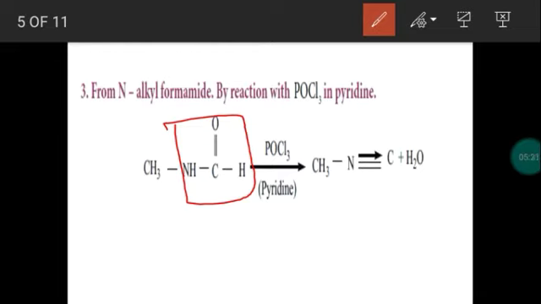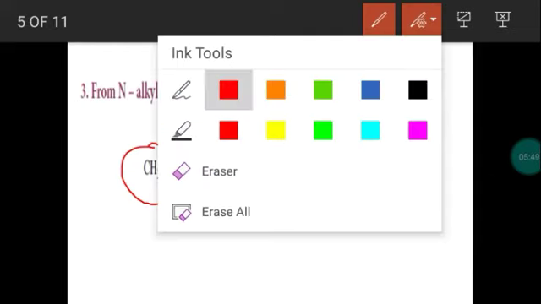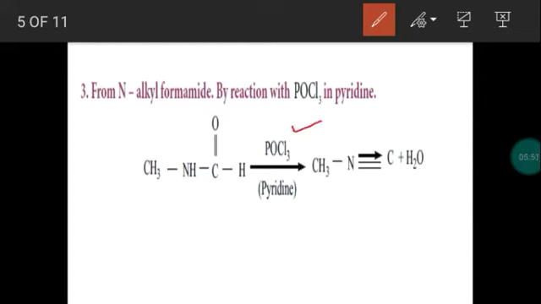Now one hydrogen is replaced by a substituent or alkyl group, methyl. This is called N-methyl formamide because the methyl group is attached to the nitrogen. When N-methyl formamide is treated with phosphoryl chloride, POCl3, in the presence of pyridine, we get methyl isocyanide or methyl carbylamine.